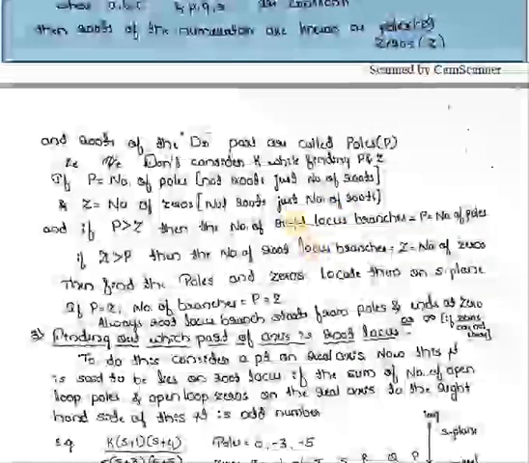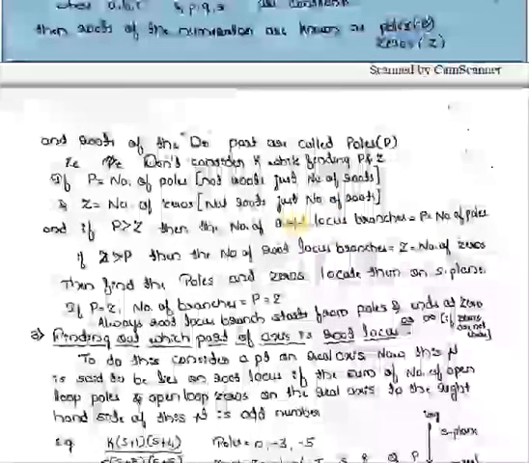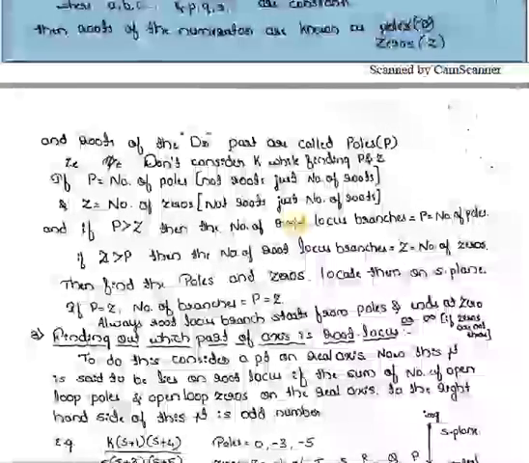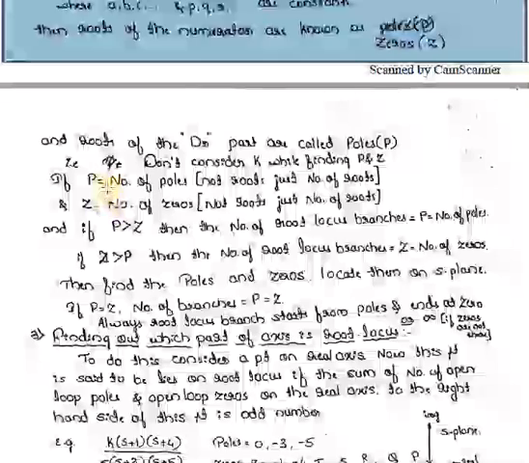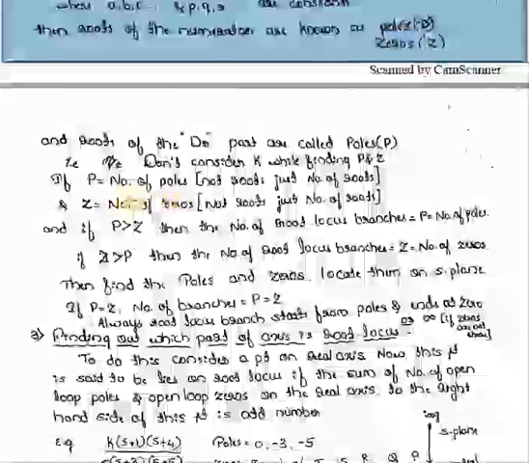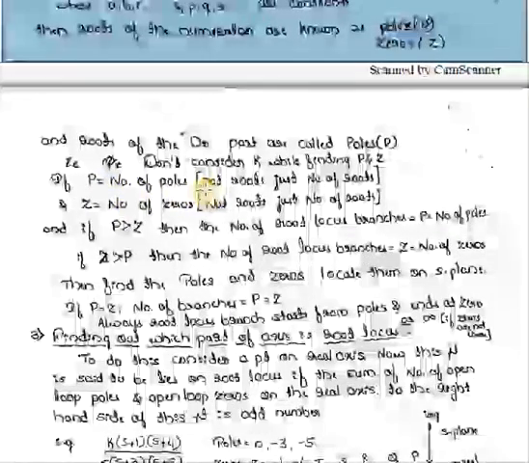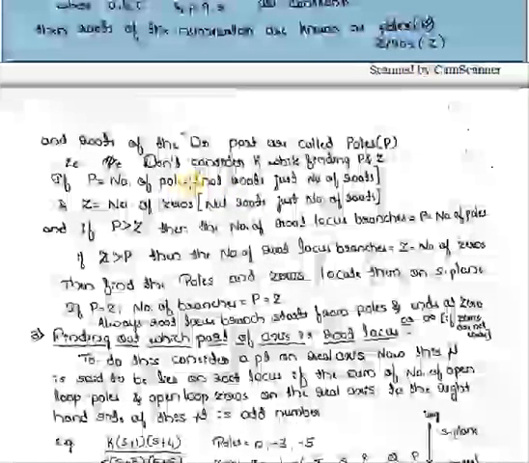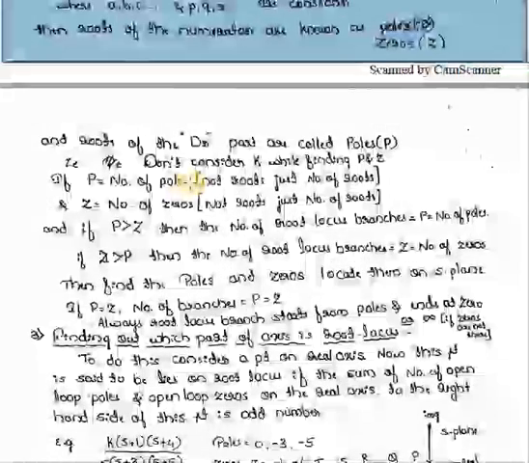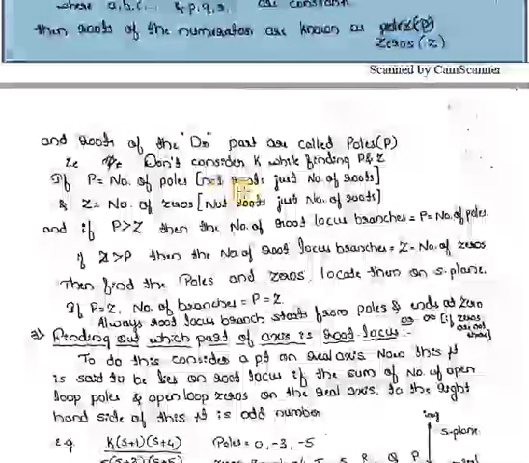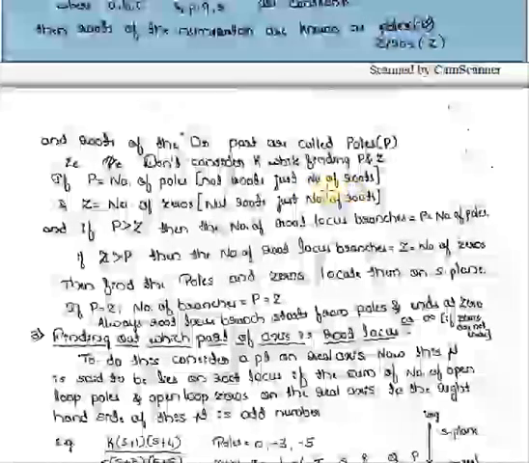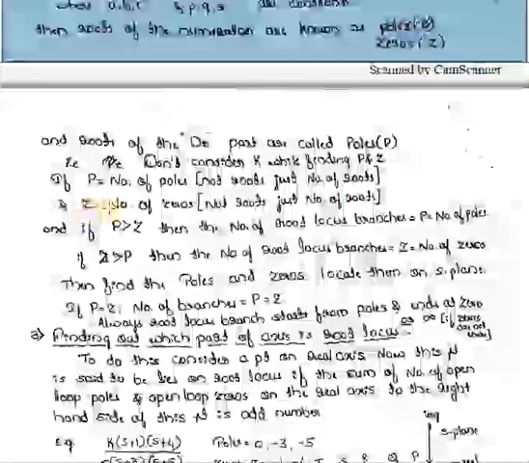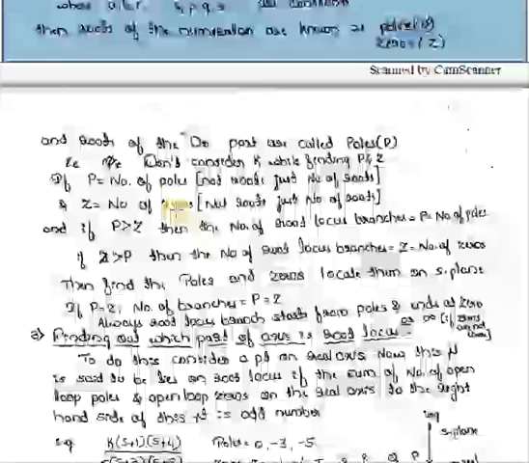And while determining the values of P and Z, you need to consider the K value. P is the number of poles, say 0, which means there are no terms associated with s in the denominator. Not the roots, just the number of roots, is P. Z is also the number of zeros, not the actual values.